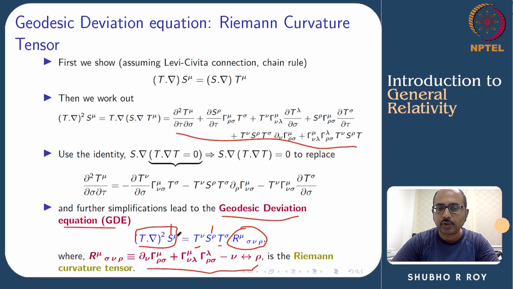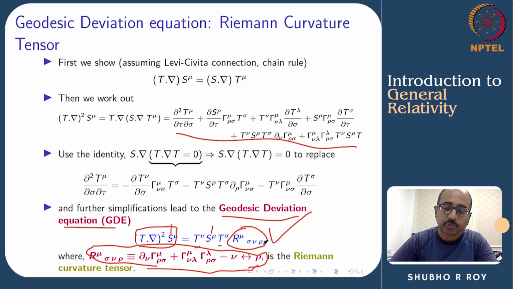The second order rate of change is proportional to this R. The T's and S are there on both the left hand side and the right hand side, so they don't really measure anything special. The rate at which the geodesics are converging or diverging is actually measured by R, which is called the Riemann curvature tensor. In red fonts, I've indicated the formula. So, to gain some intuition that indeed it represents some gravitational effect.